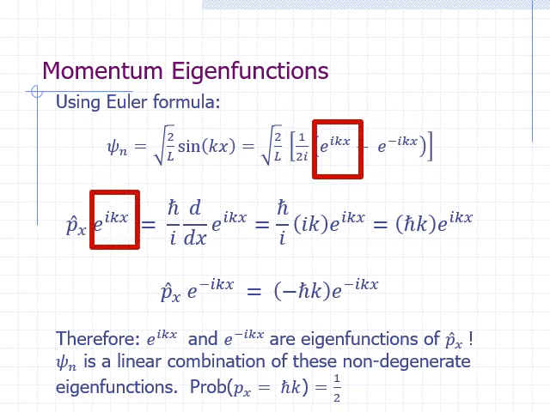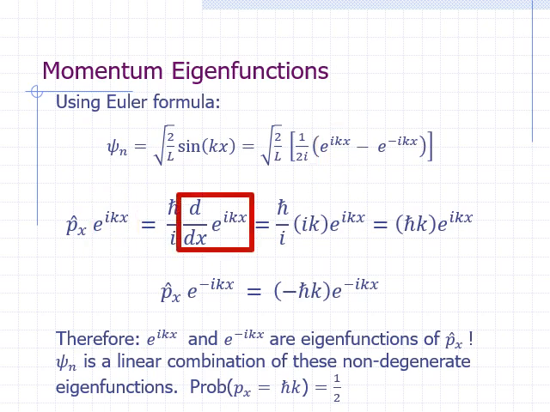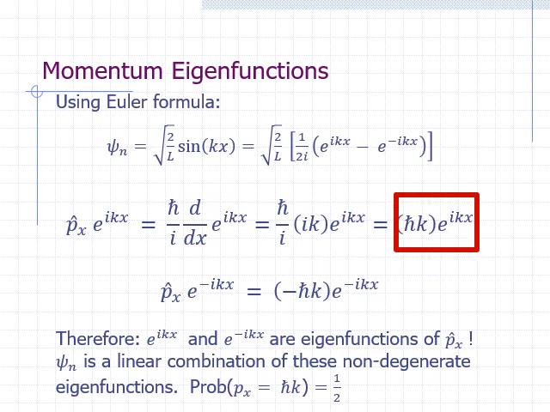Remember that the p sub x operator takes the derivative of the function, then multiplies the result by h bar over i. You should be able to show that doing so yields a constant, h bar k, times e to the ikx.